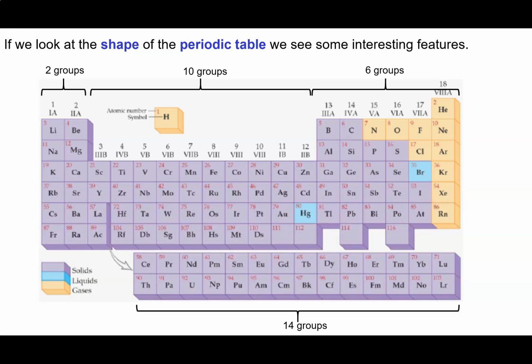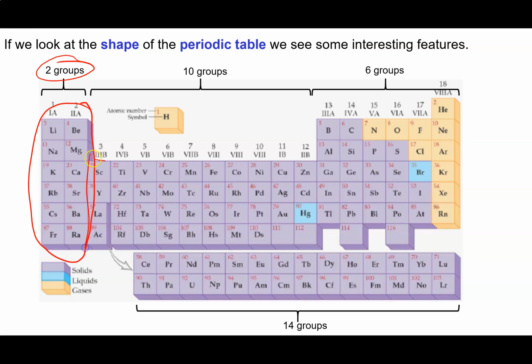And when you look at the periodic table, which was constructed by categorizing or placing elements on the basis of their physical and chemical properties, not at all thinking about electron configurations, we notice some interesting things. On the far left, there are 2 groups that sit a little taller than the main region of the periodic table. 2 groups, okay?